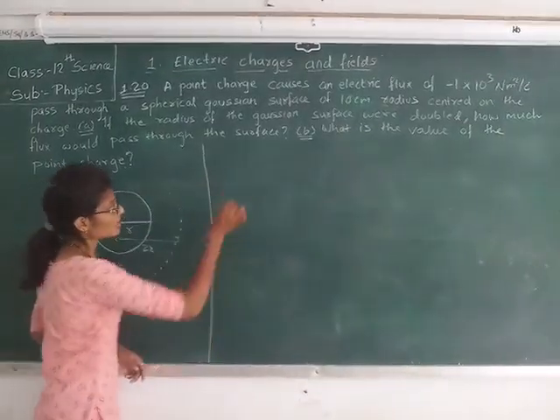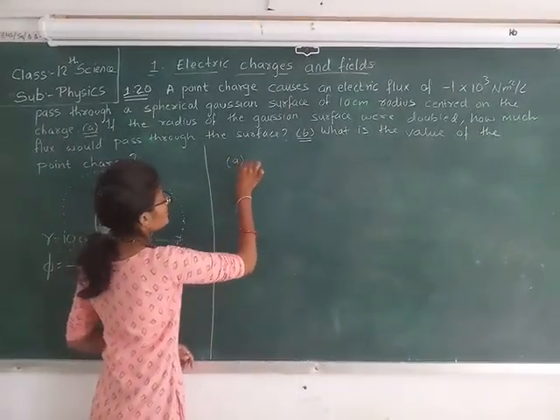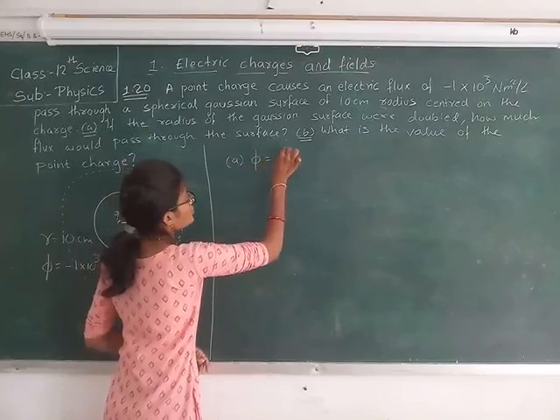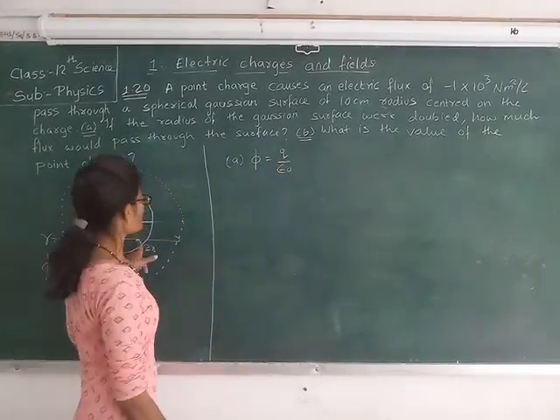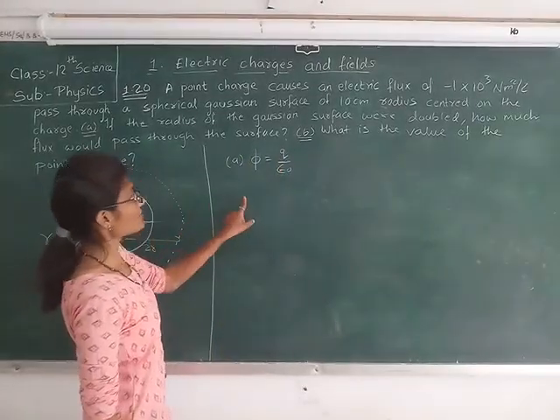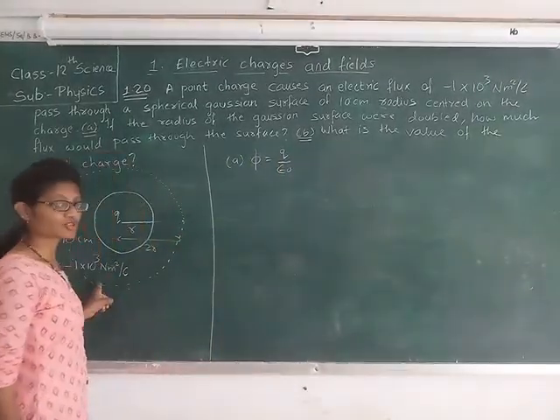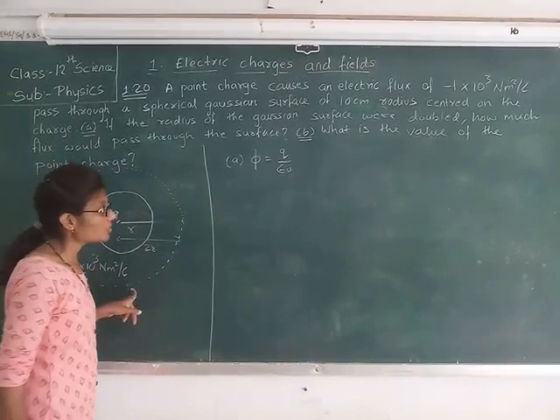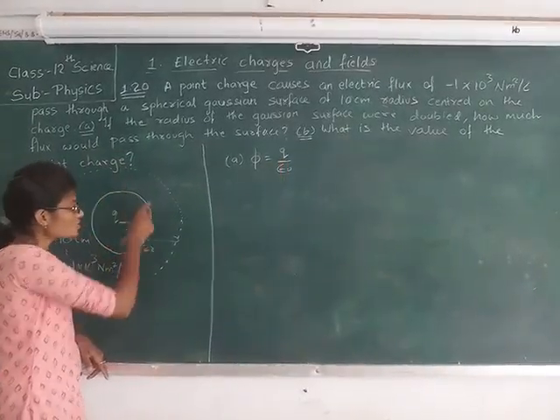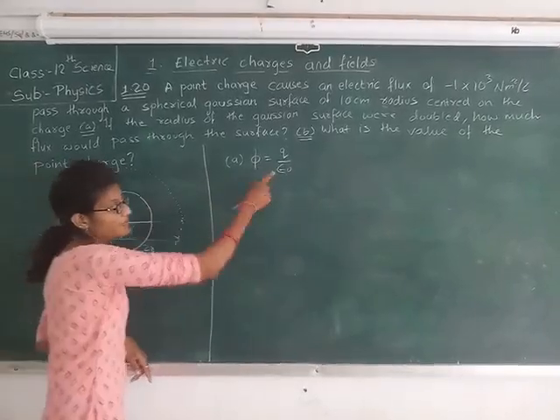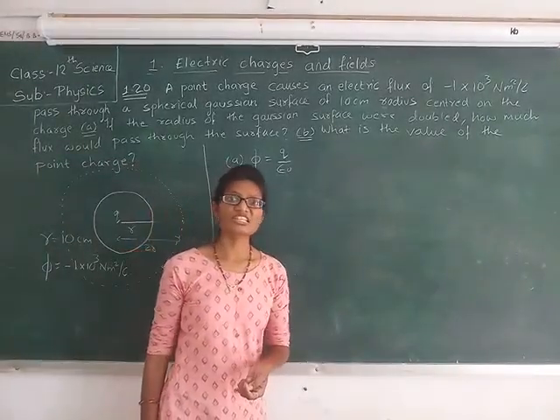We already know the formula for the flux, phi equals q upon epsilon 0. For the first case with radius r, the flux equals -1 into 10 raised to 3 Newton meter square per coulomb. Q is the charge enclosed by the sphere, and epsilon 0 is the permittivity of free space.